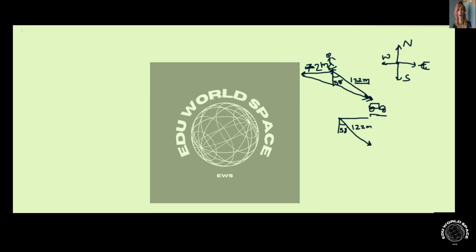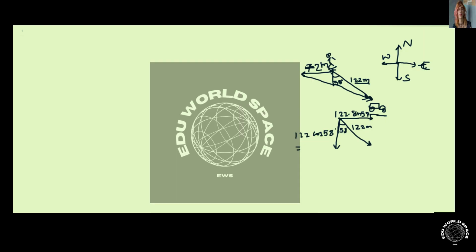Now, this vector will have an eastward, or horizontal, component of 122 sine 58 degrees, whereas it will have a vertical component of 122 cos 58 degrees, as we learned previously.